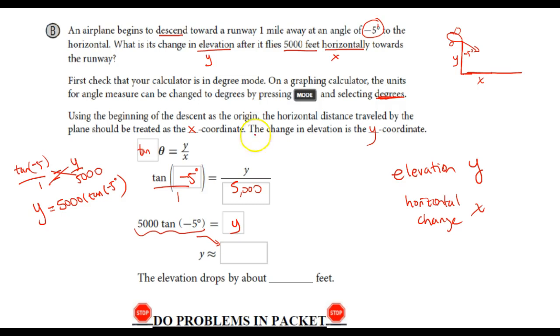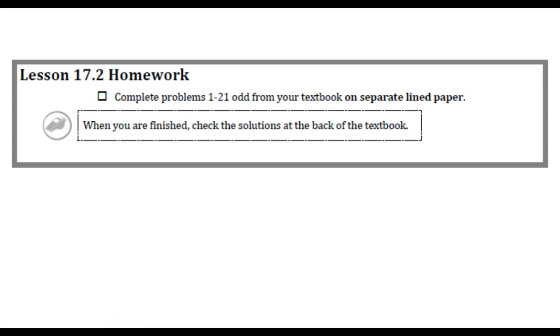That would be y is equal to negative 437.4, and that means the elevation drops. That's why that negative symbol is there, about 437.4 feet. Just like it says here, stop and do your word problem. That's in your packet, and we'll come back to discuss your homework in just a few minutes.